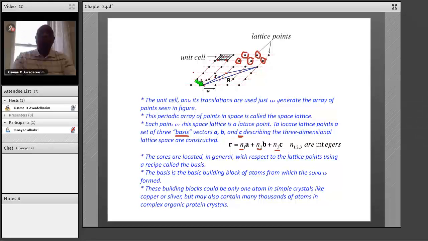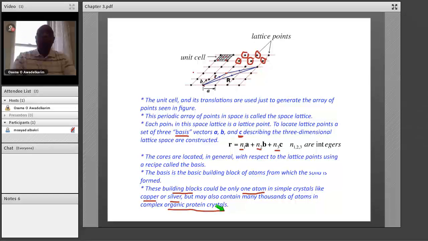Then, if we want to create the single crystal solid, we have to add the building blocks or the cores, which could be one atom in simple crystals like copper or silver, but it may contain many thousands of atoms, as in complex organic protein crystals. And you could have organic protein single crystals. So you need a lattice structure to describe that.